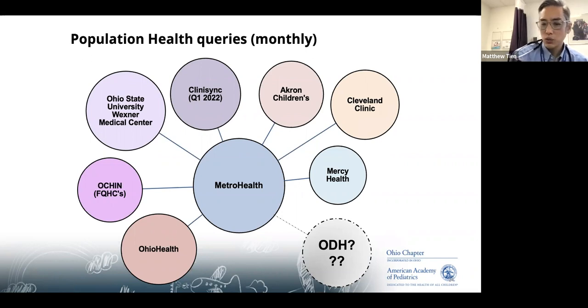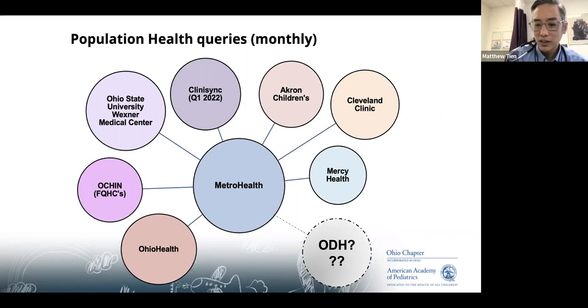CliniSync represents University Hospitals, which is one of our major hospital systems up here, and a lot of our patients end up going there. We hope to get that up and running. I don't know if Q1 of 2022 is really realistic anymore, but sometime in 2022. So we do get some outside lead information this way through these monthly population health queries.